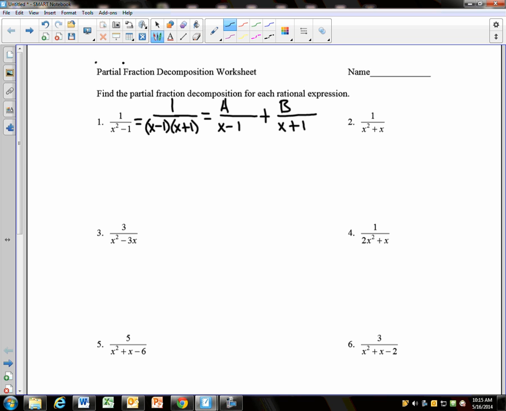What did you do to this side in order to add these two together? You multiply the top and bottom by x plus 1. You multiply top and bottom here by x minus 1. So that fraction became A times x plus 1 plus B times x minus 1 all over x minus 1 times x plus 1.